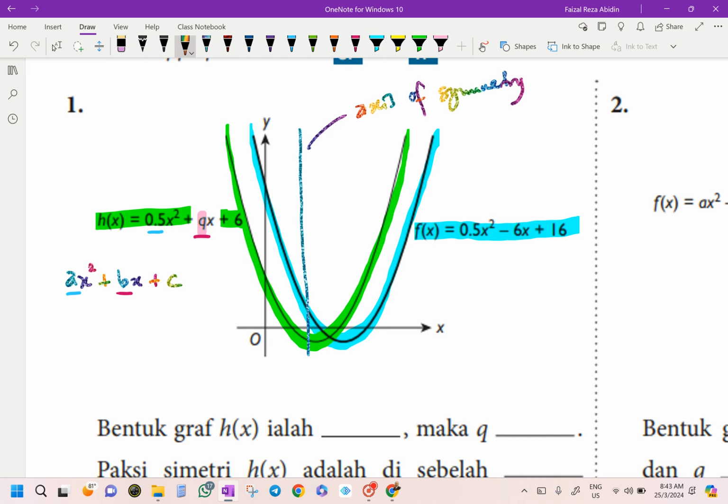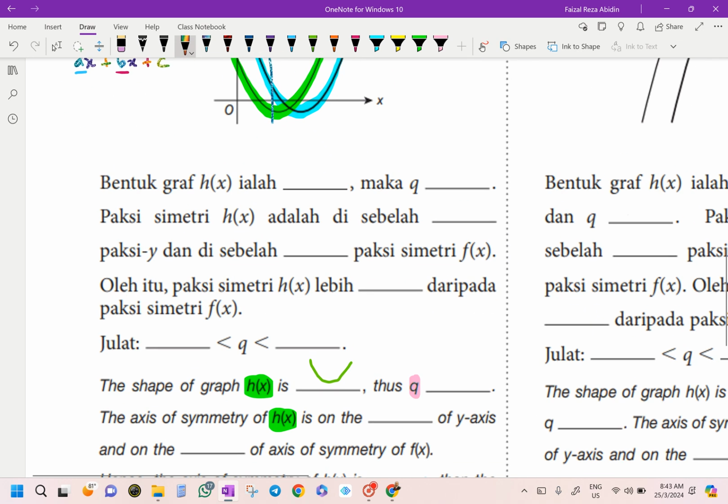So when right side? Yes, less than 0. Kan? The axis of symmetry of hx is on the right of the y-axis, betul?